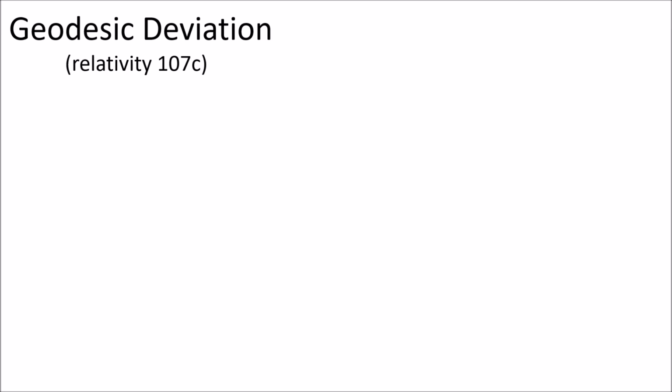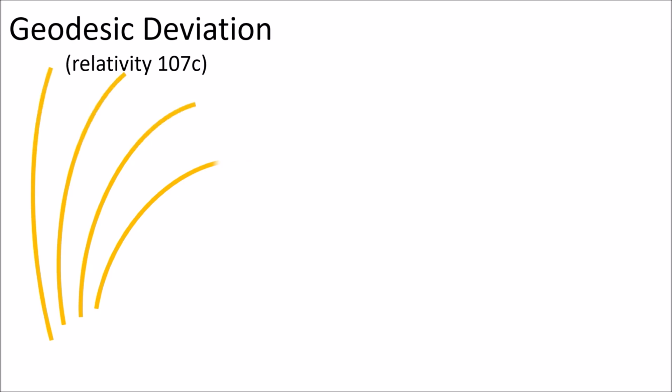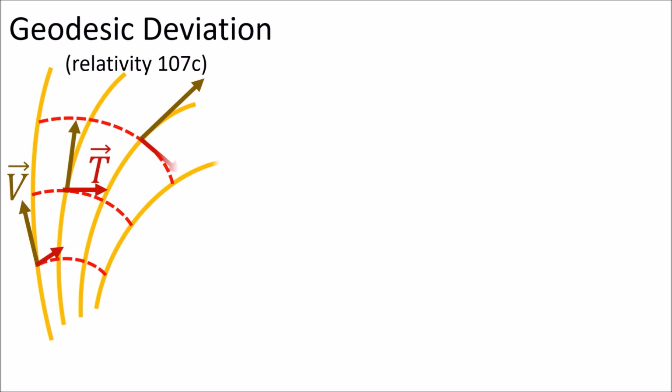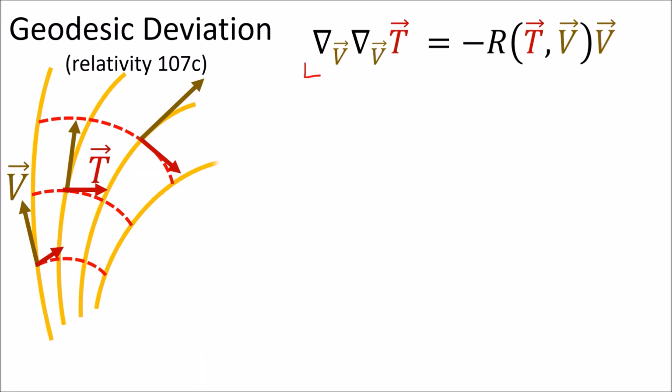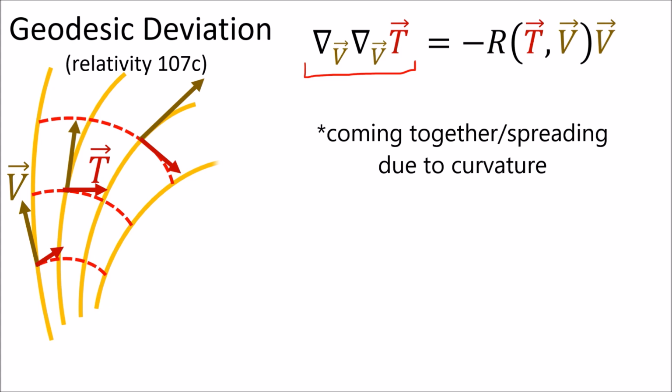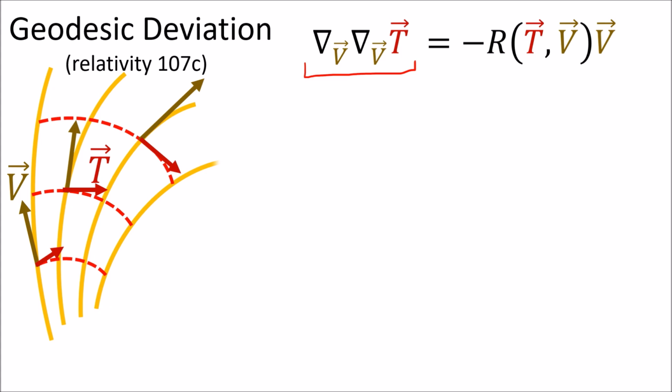Well, remember from Relativity 107c that if we have a family of geodesics with tangent vectors v and separation curves between them with tangent vectors t, we can use the second derivative of these separation vectors to determine if the curves are coming together or spreading apart. And this separation derivative is given by this Riemann tensor term.